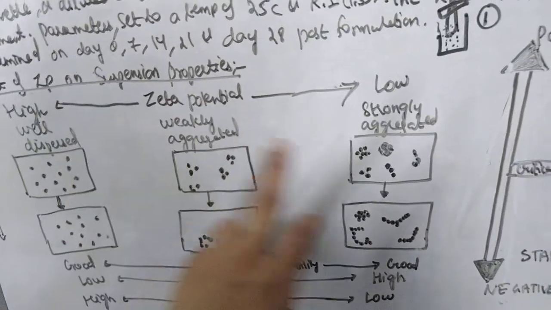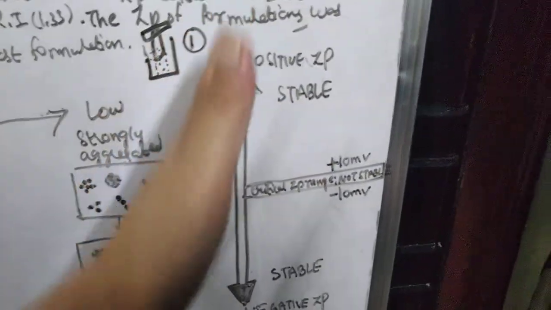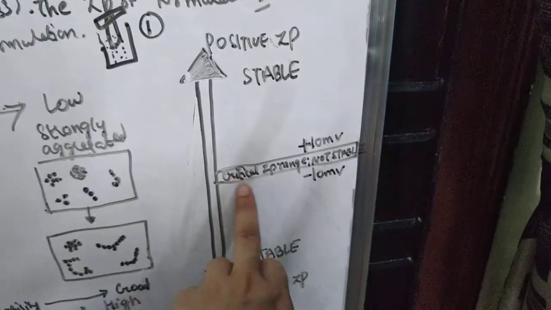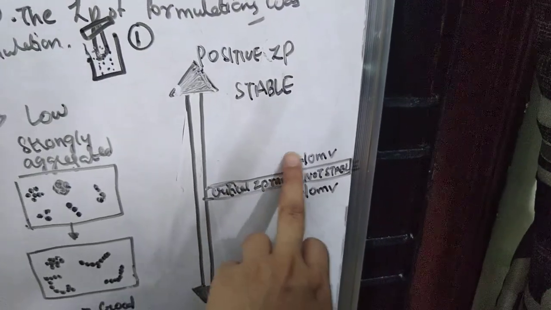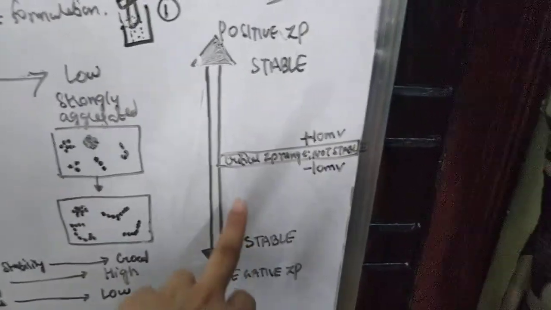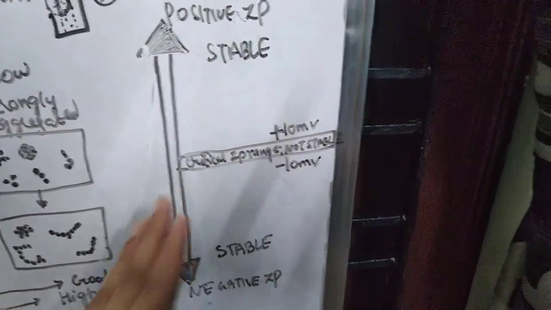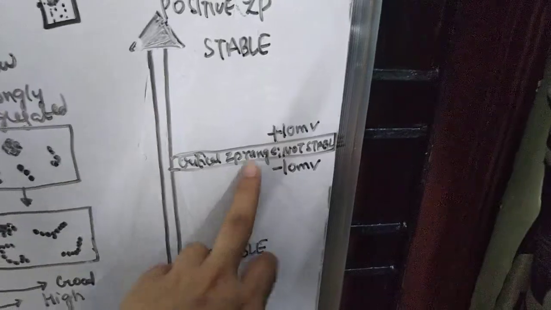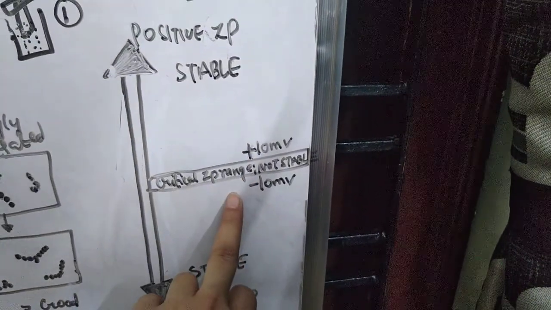So what are the parameters that are affected at a high zeta potential and at a low zeta potential? You can also have a look at this. This is a critical zeta potential range. Plus 10 millivolts, I have told you the unit for zeta potential is volts. In the critical zeta potential range, the suspension is not stable. That is the range between plus 10 millivolts to minus 10 millivolts.